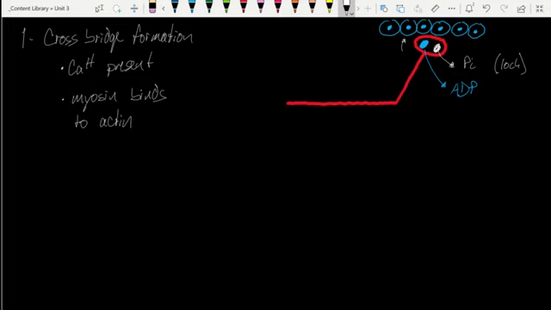This is what disrupts the lock. So once we have the interaction in place, that's going to lead to step number 2, the power stroke. The power stroke is triggered by the release of our lock, which is inorganic phosphate.